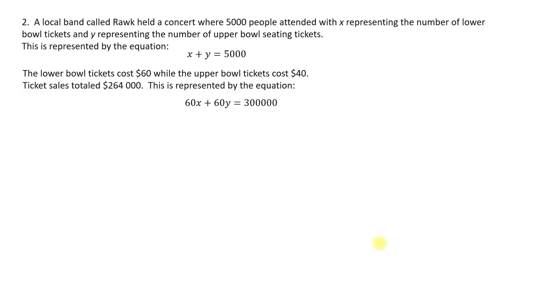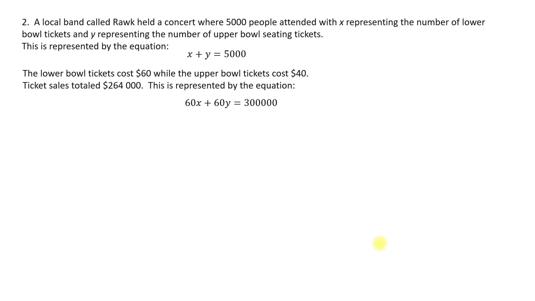So as in sporting events and concerts and shows and such, the lower bowl tickets tend to be more expensive than the upper seats. So the lower bowl tickets cost $60, while the upper bowl tickets cost $40. Ticket sales totaled $264,000. This is represented by the equation 60x plus 60y equals 300,000.